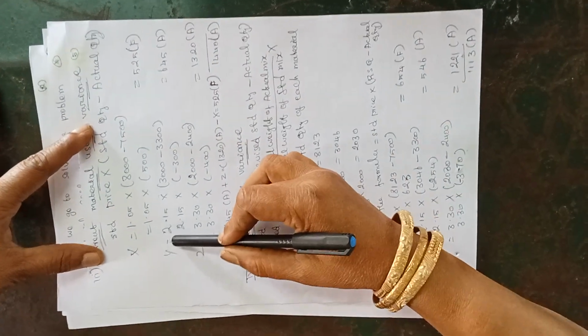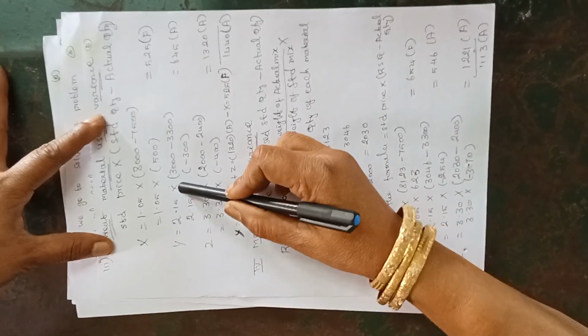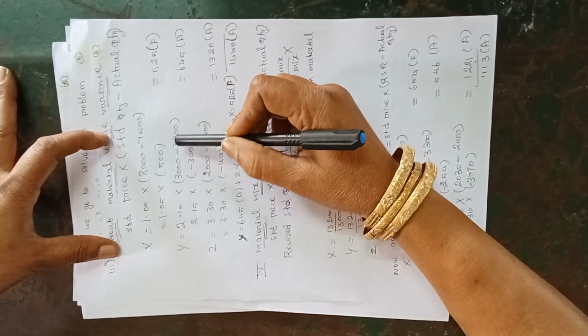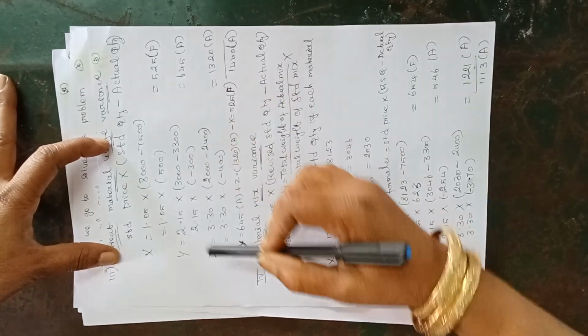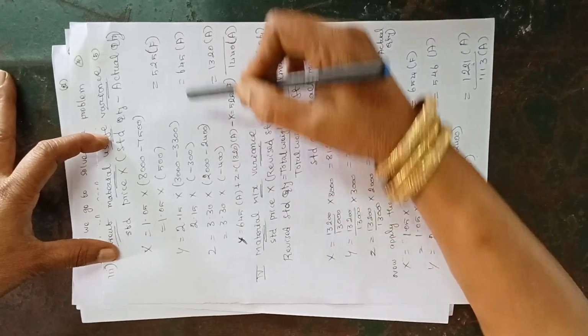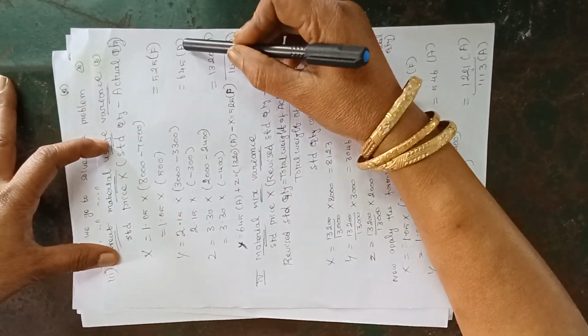Y equals 2.15 into standard quantity 3000 minus actual quantity 3300, so 2.15 into minus 300 equals 645 adverse.